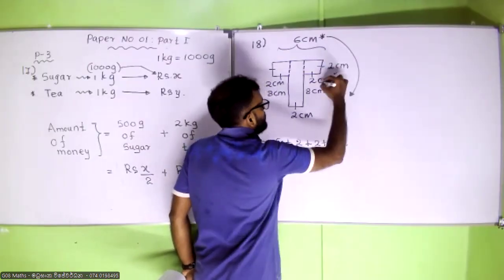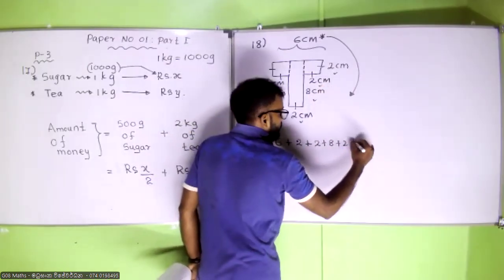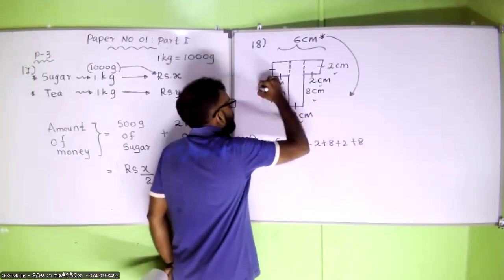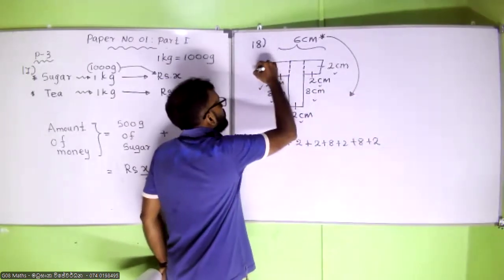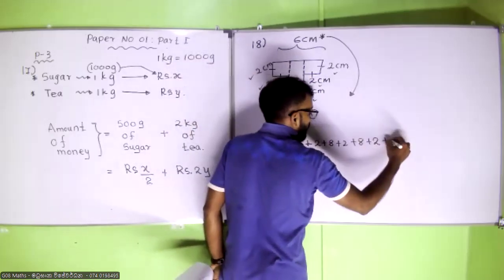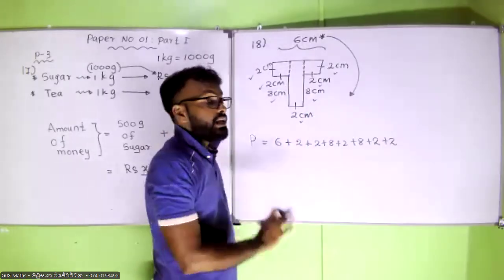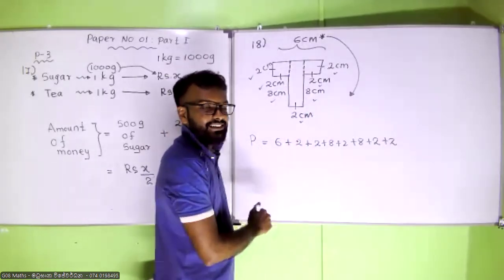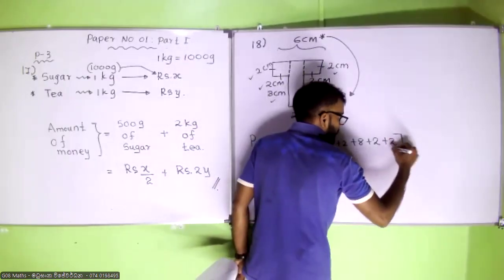So I have taken this, and this. Plus 8, plus 2. And here also I have 2 centimeters plus 2. Then I am not going to add 6 again because I have 6 here.